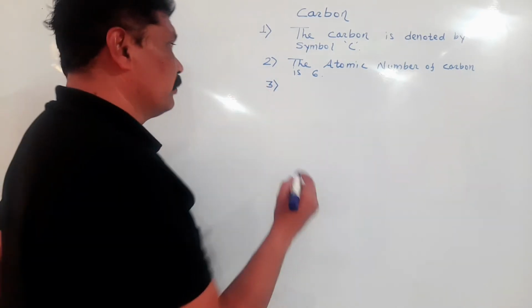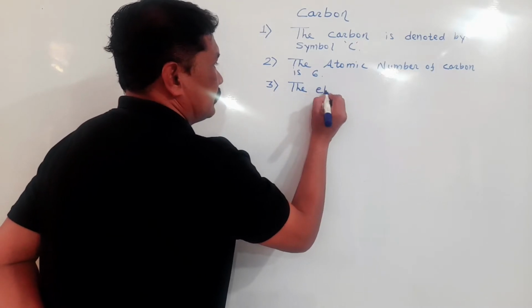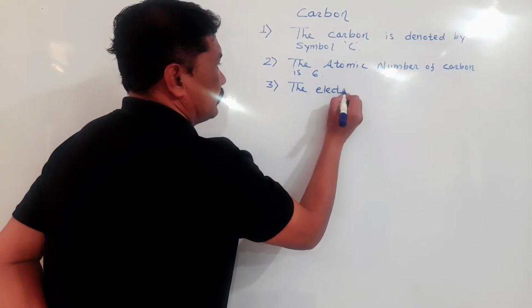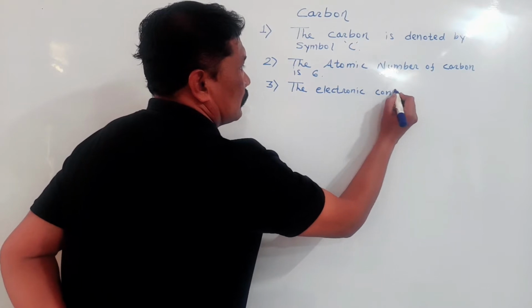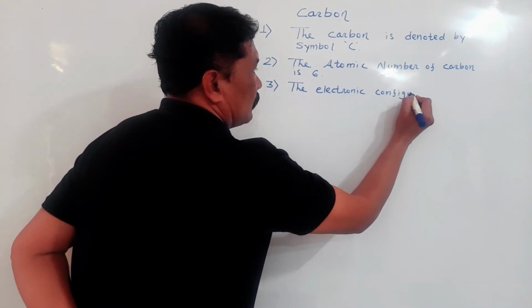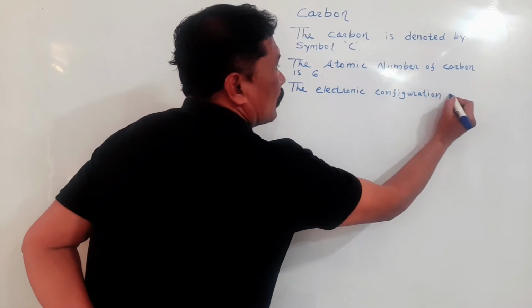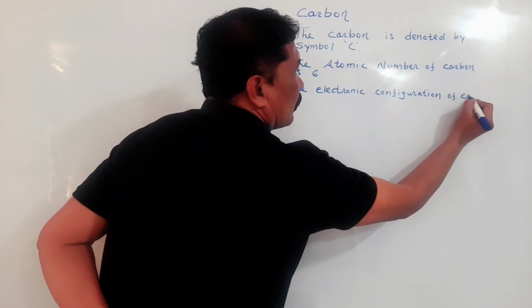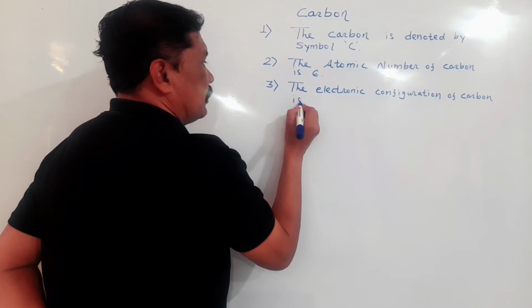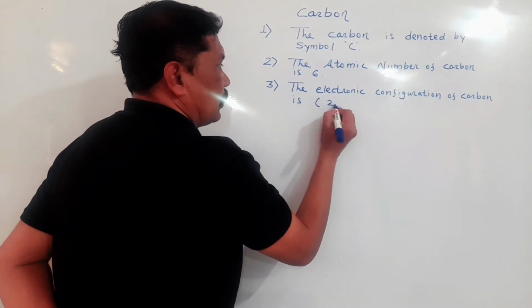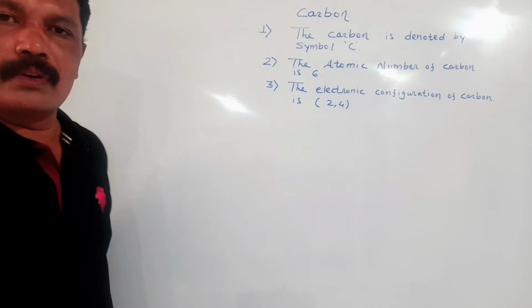The electronic configuration of carbon is 2, 4.